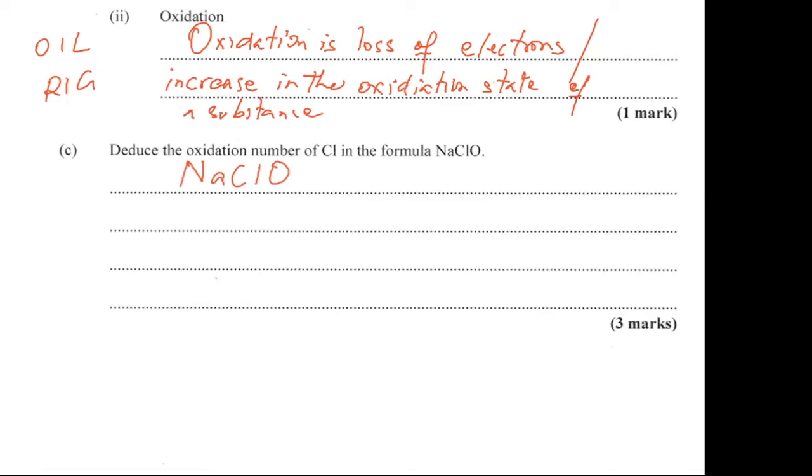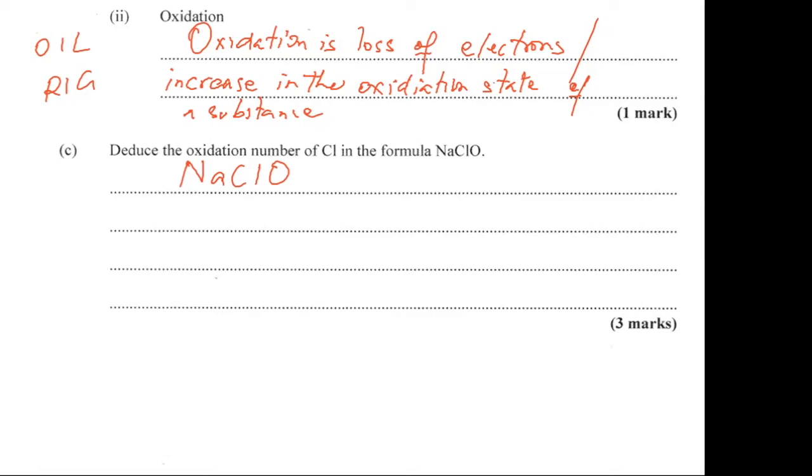Earlier we said it's sodium chlorate(I). We look at why it's sodium chlorate(I). So we're going to use what we know to find what we don't know. Here, this substance does not have any charge, so it means that the sum of all the oxidation numbers present should give us 0.